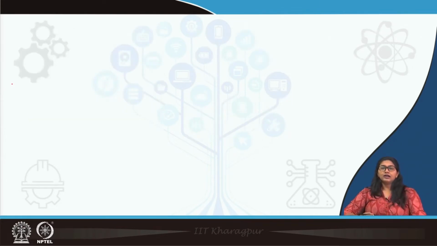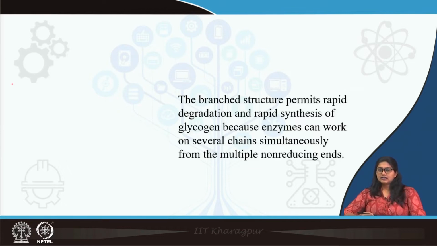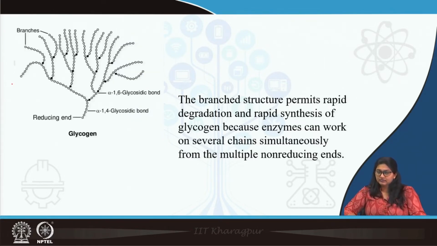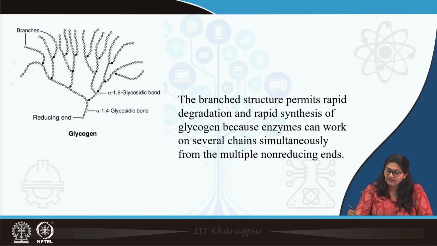Now, inside the cells, glycogen remains in alpha rosette form. And how is this alpha rosette form formed? Basically the core, elementary structure of the glycogen alpha rosette is known as the beta particle.